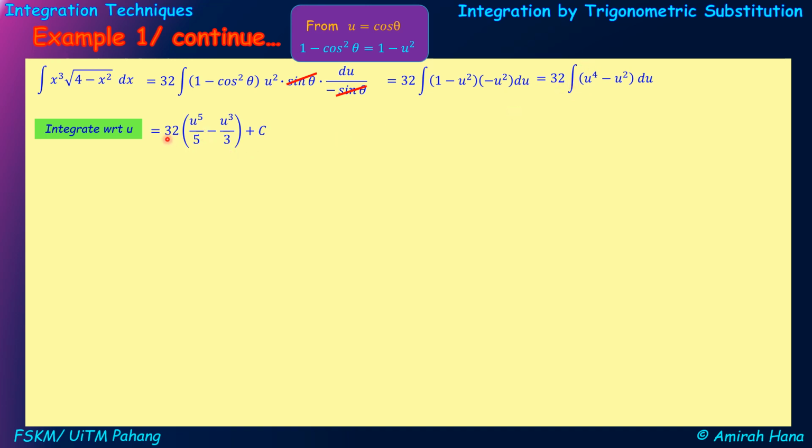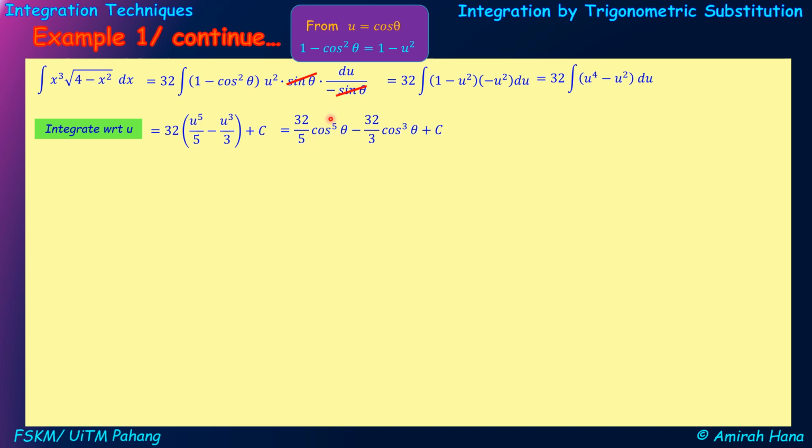And then we can expand 32 inside the bracket here. And at the same time, we can replace back our u equals cos theta. So we can write it equals 32 over 5, and then we replace u with cos theta. So we get cos to the power of 5 theta.